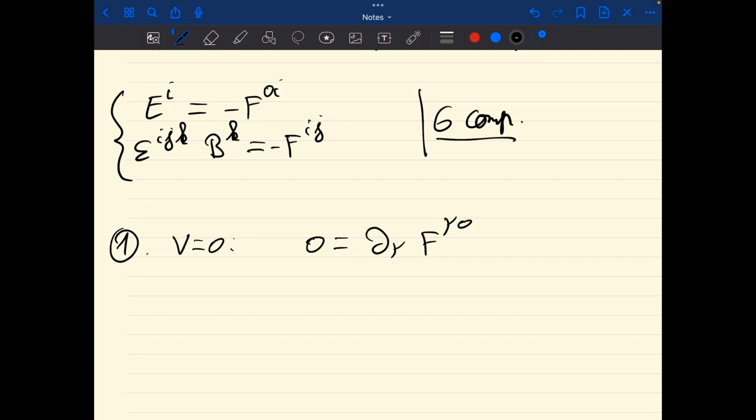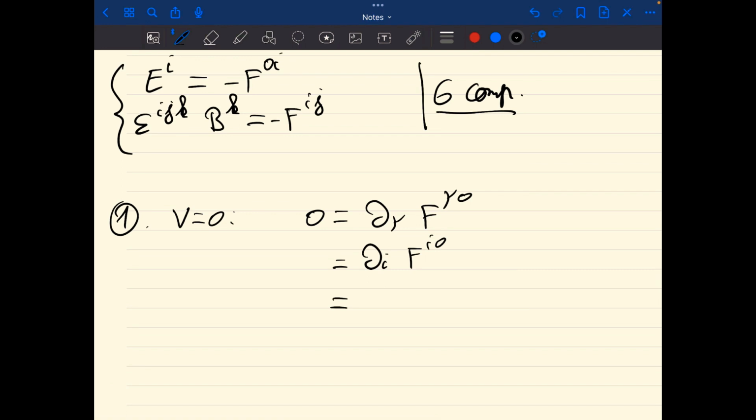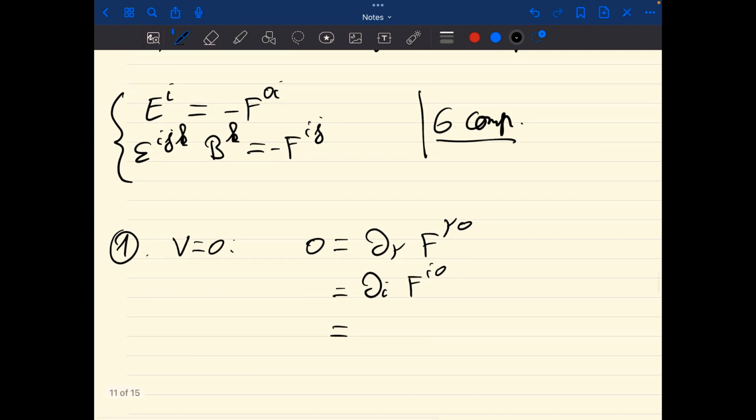Now in this equation, the term with mu equal to 0 is equal to 0 because F00 is 0 by antisymmetry. So we actually only have the spatial derivative, which I will call i, with the index i0. Now F i0 by definition here is the electric field, the ith component of the electric field.